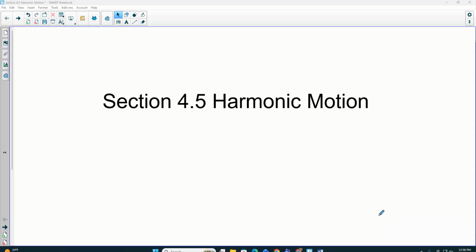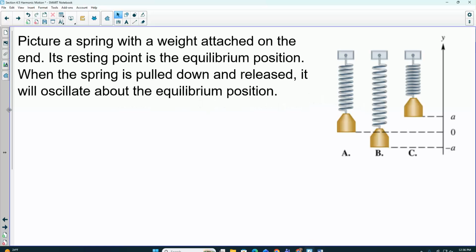We're really only talking about sine and cosine today, because we've said that those are used to model waves. You see that a lot in the different sciences, using sine and cosine to model different things. One example is a spring.